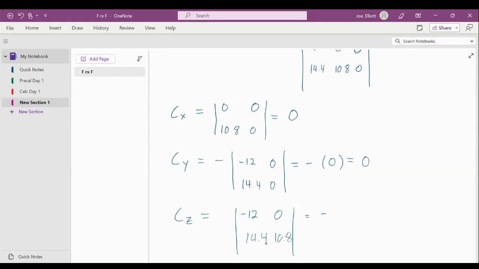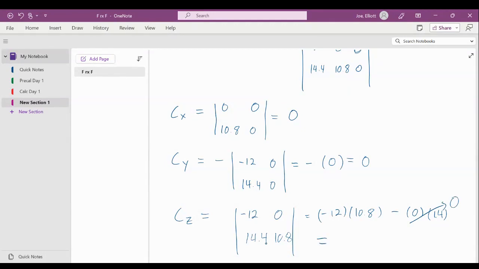Which is going to be 12 times 10.8 minus 0 times 14, which is 0.